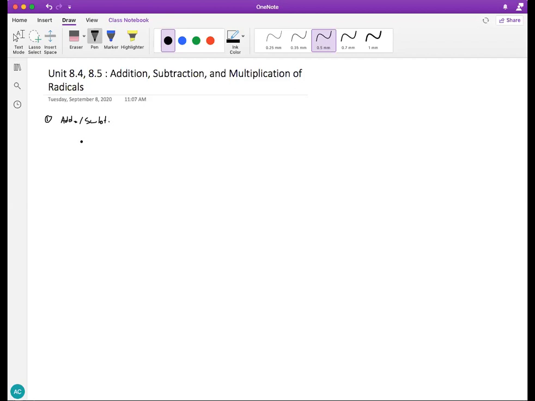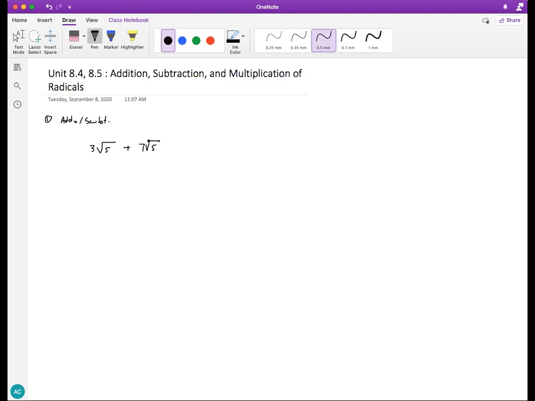There's one rule to remember when you add radicals. For example, radical 5. You want to add that to maybe another radical, let's say 3 times radical 7. The first thing you want to do when you add or subtract radicals is to check the index.